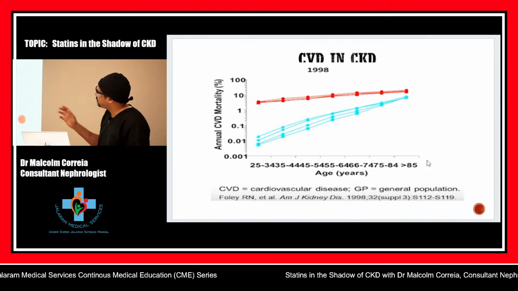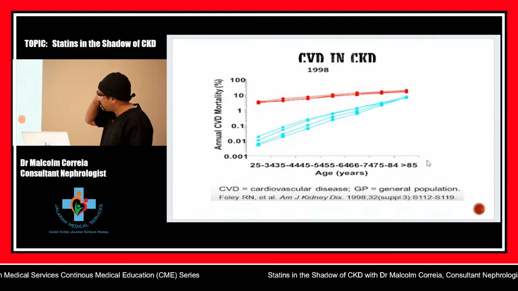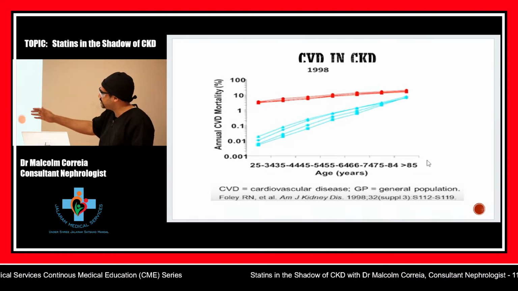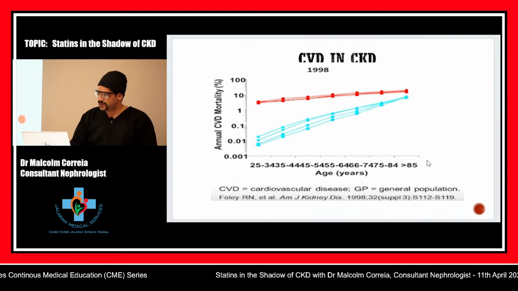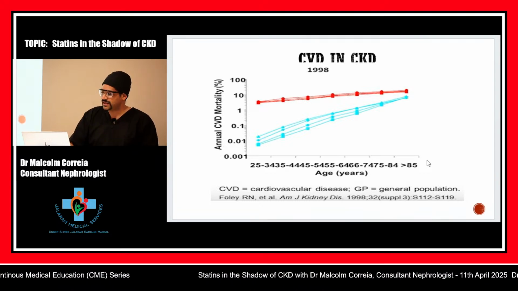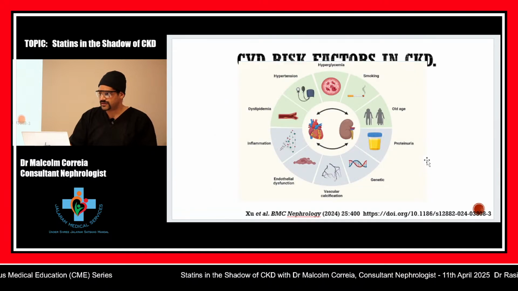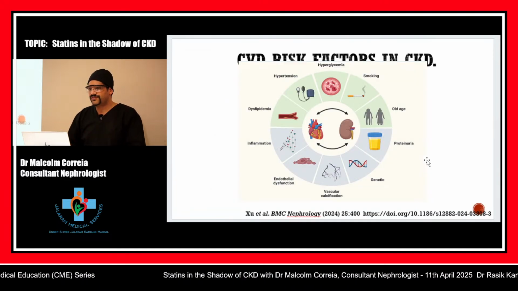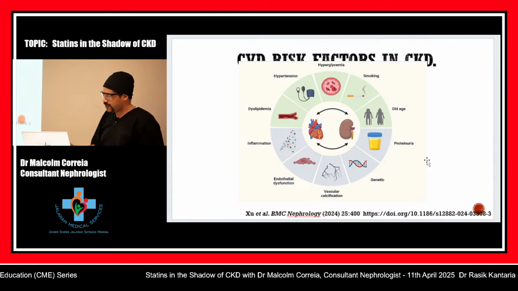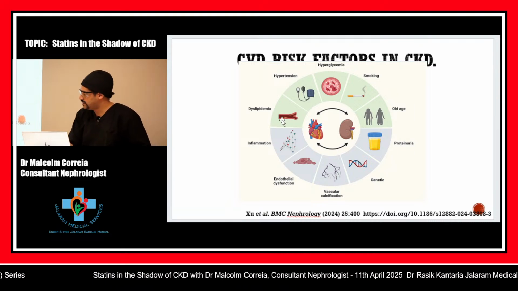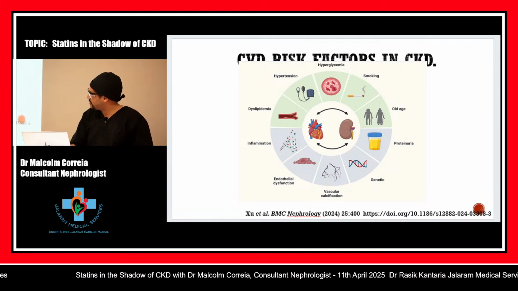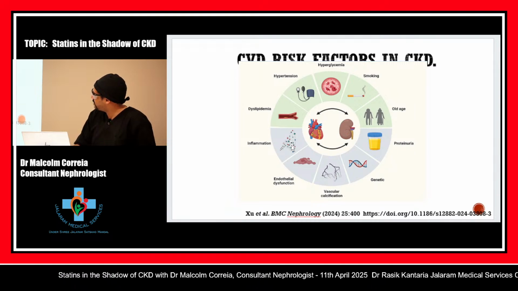In this diagram, we see how mortality risk increases over time in patients with cardiovascular disease in chronic kidney disease. The normal risk factors are in all our patients: hyperglycemia, hypertension, dyslipidemia, inflammation.